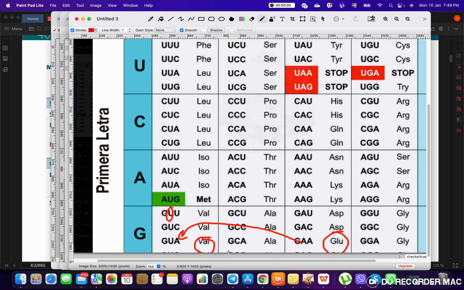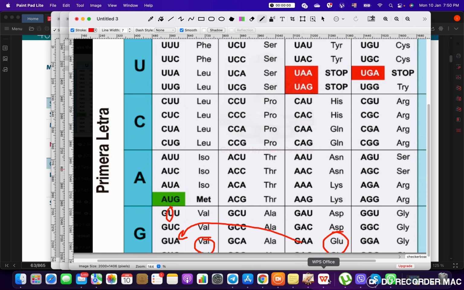Is the mutation at the wobble position or a different position? It's a different position, not the wobble position. Remember, please, the wobble position was the third position. So this is at the second position, which can lead to actual disease.